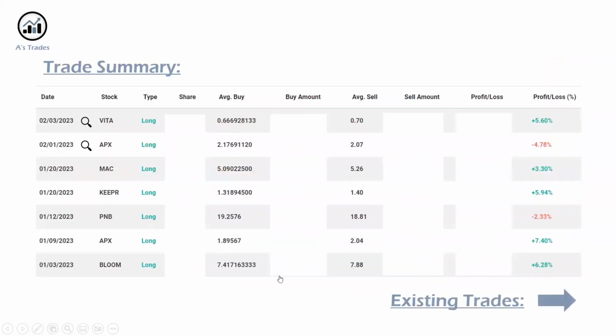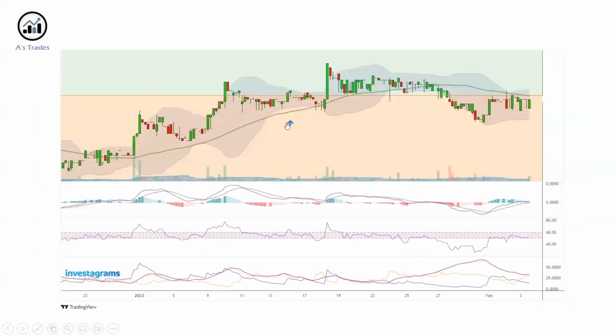So now let's go to my existing trades. These are the current stocks that I am holding. I will show you the charts, but without revealing the stock. There are two of them. Here is the first one. I have already shown you this stock in my previous video.